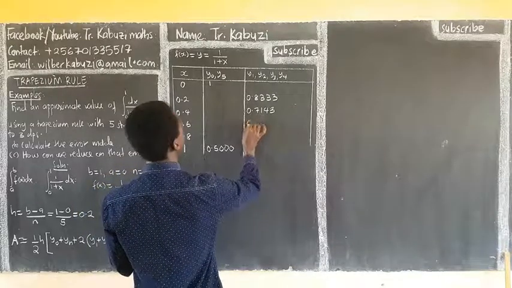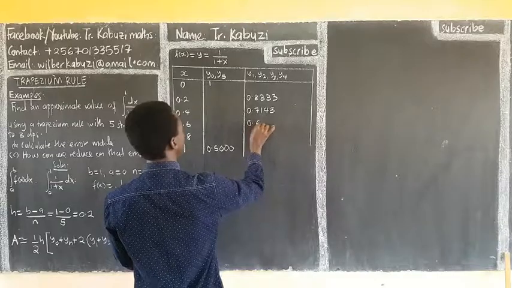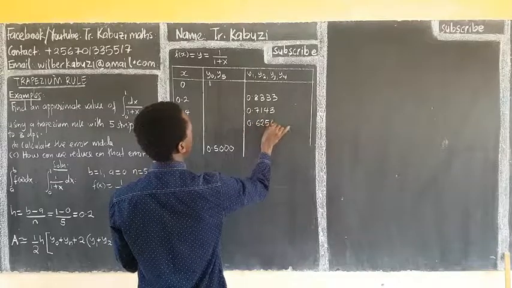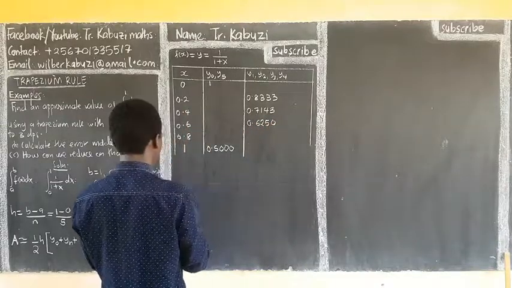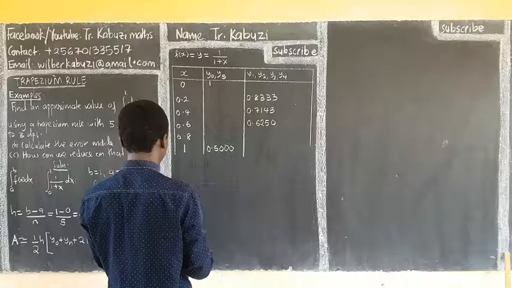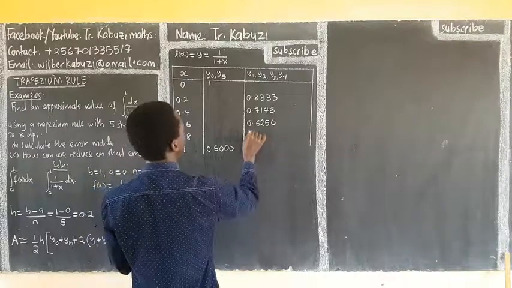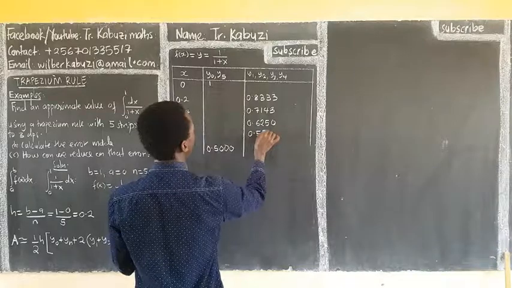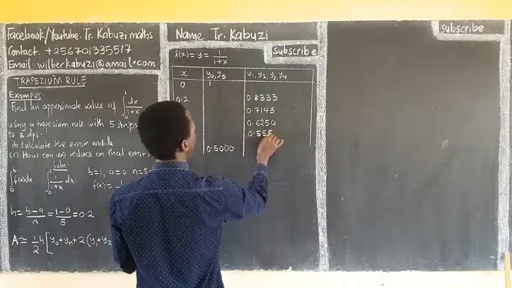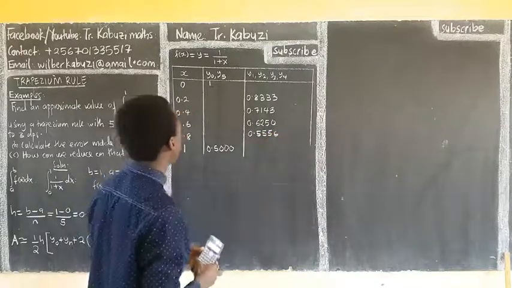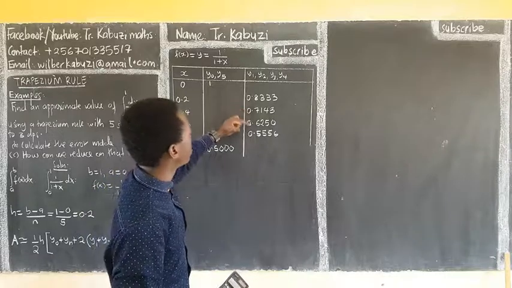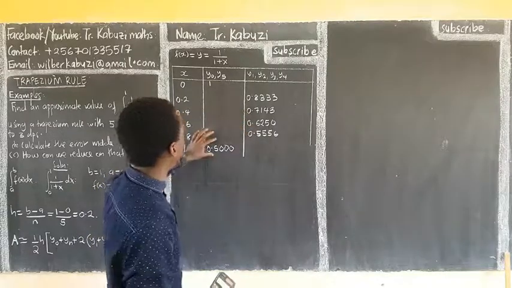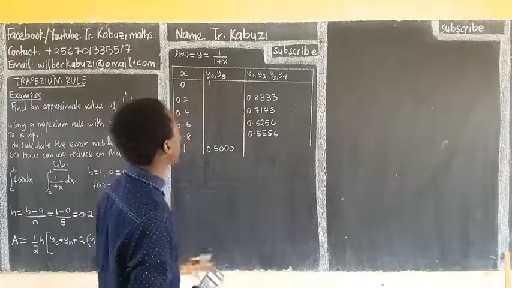It's going to be 0.6250. Then the next is going to be 8, 0.5556. Then the last one, so this is y1, y2, y3, y4. Then this is my y5 and this is my y0.